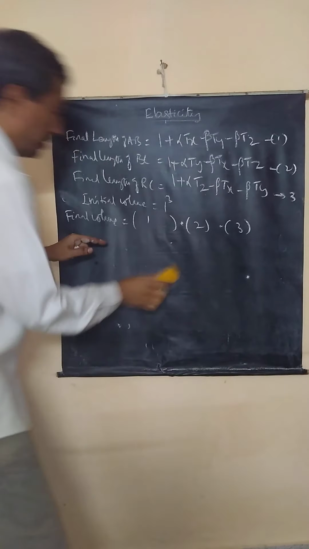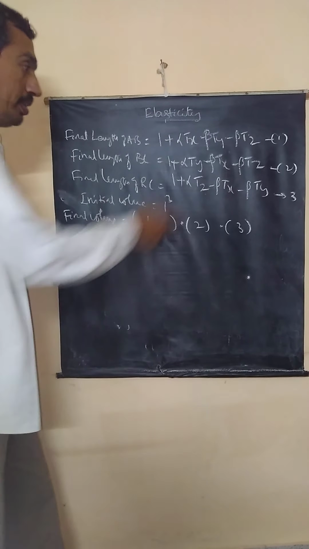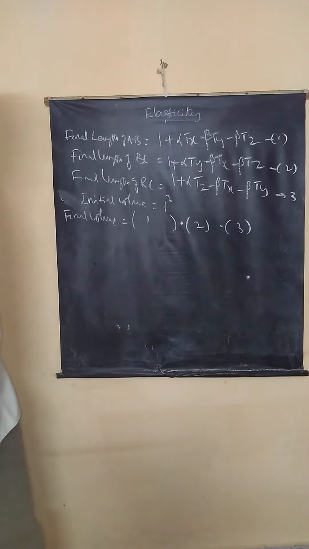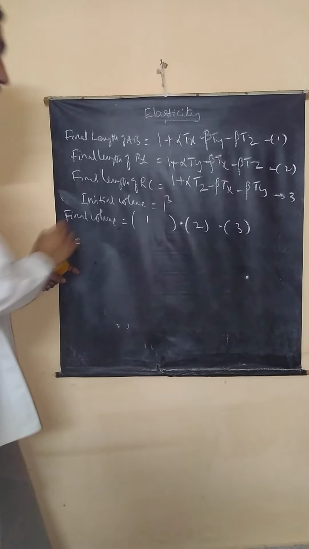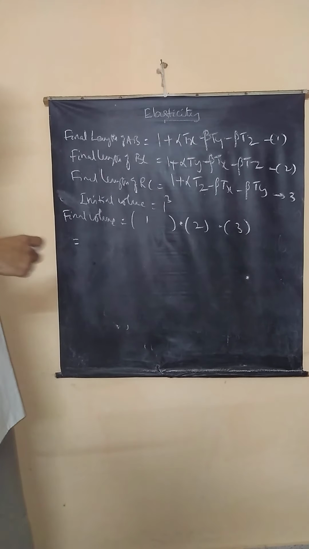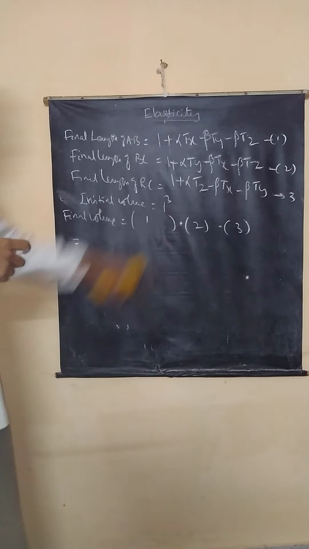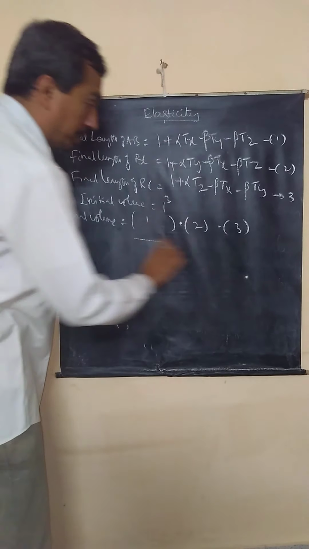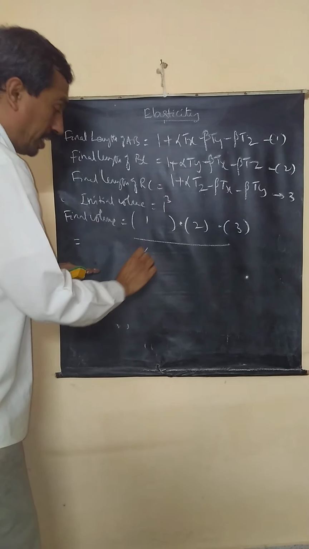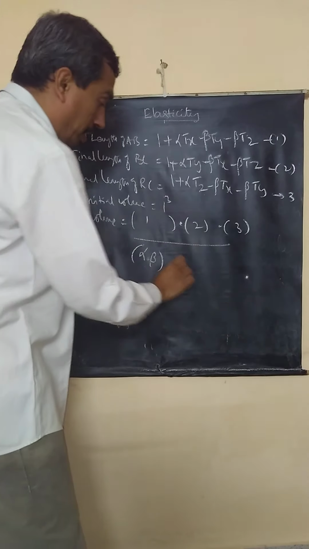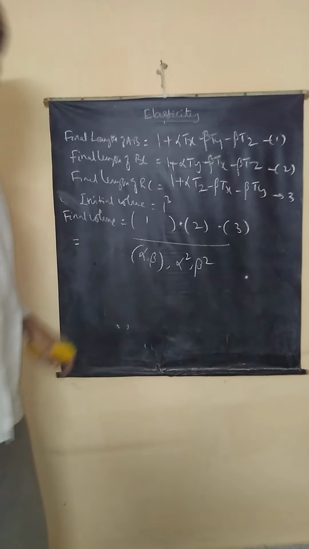Now, you know what you get if you multiply all this? You will get a lot of multiplications. Each term you have to multiply with the other terms. We cannot consider every small term. After multiplying, we neglect alpha into beta. Alpha is small, beta is small, so neglect it. Alpha square you neglect, beta square you neglect.